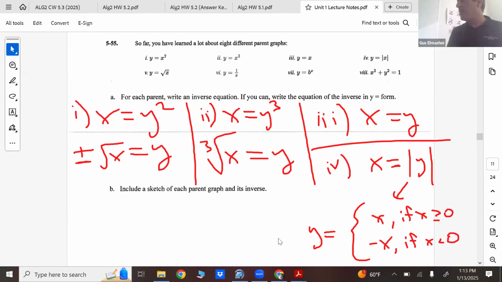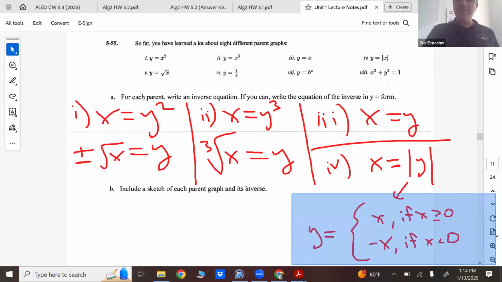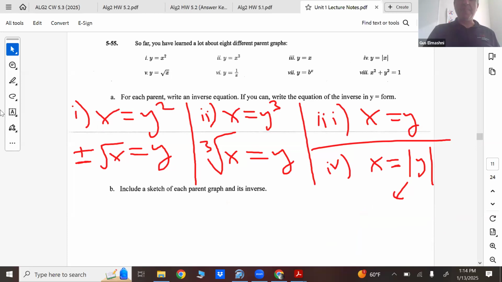This is what we call a piecewise function. It's kind of weird. Actually, am I doing that right? Hold on a second. Ignore what I just wrote. Just leave it like this for now. We'll worry about that later when we do the graph. I just realized that's probably okay.